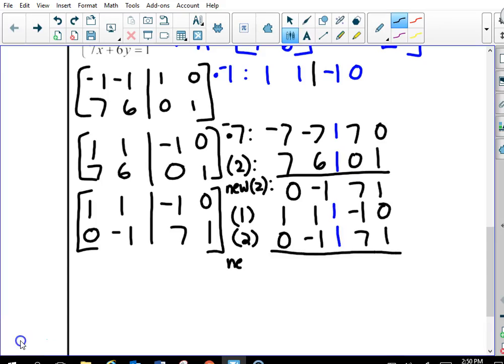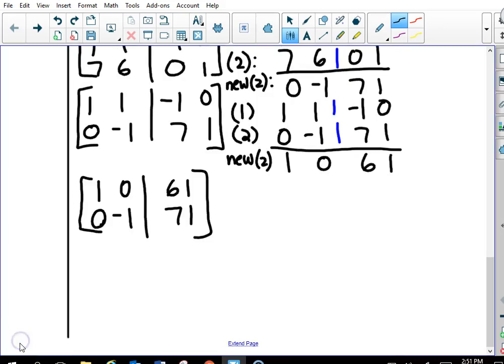And my new row 2 is going to be 1, 0, 6, 1. So my new and improved matrix has my new row. You know what, I made a mistake. This is my new row 1, which is good because that's where I wrote it.